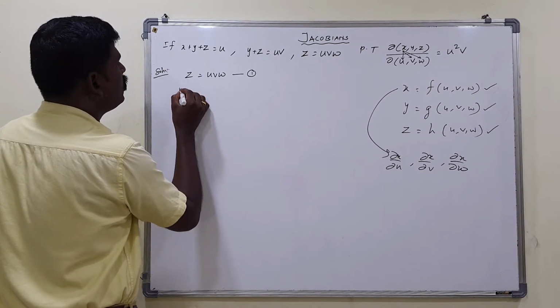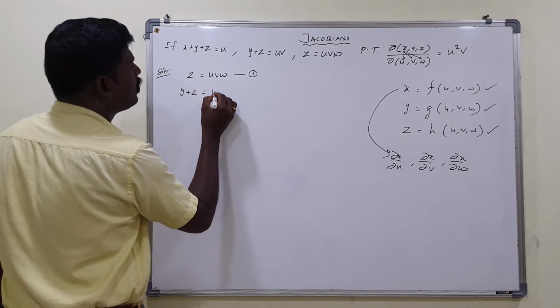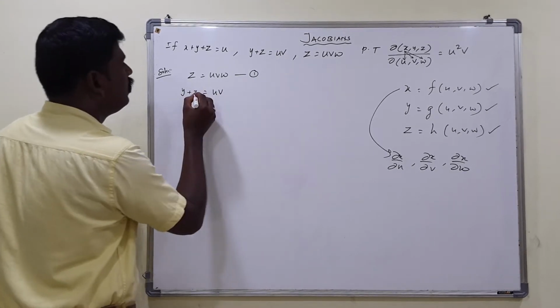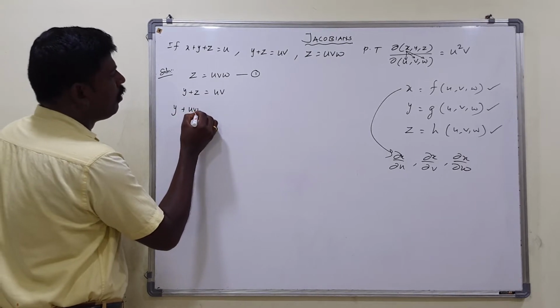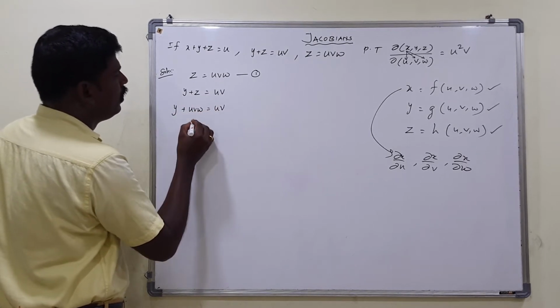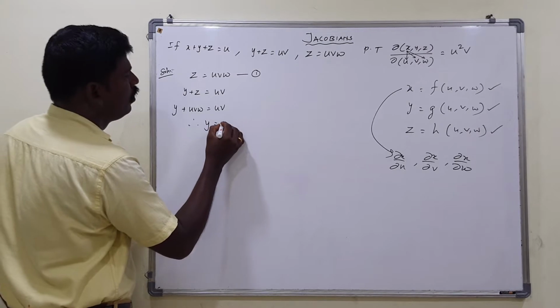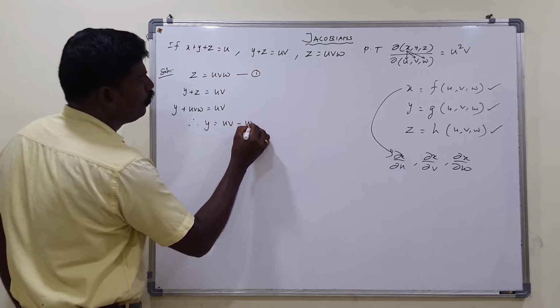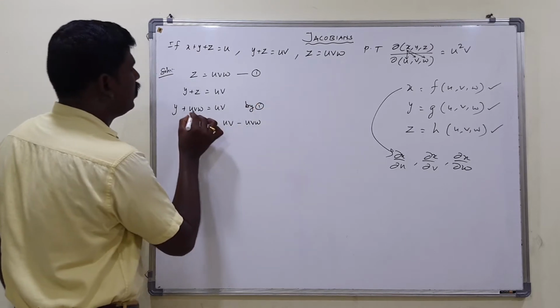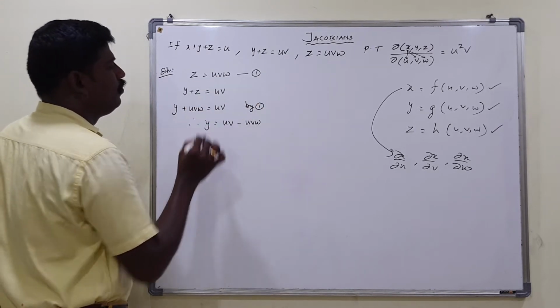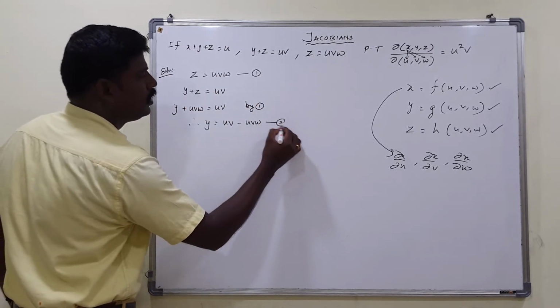Now y + z = uv, and substituting the value of z, y + uvw = uv. Therefore y = uv - uvw. I just replaced z by uvw. So this is equation number 2.